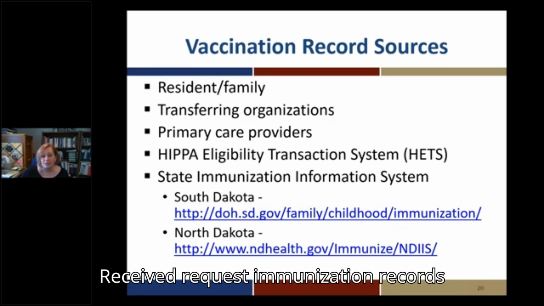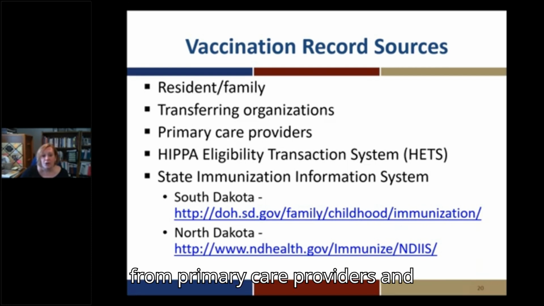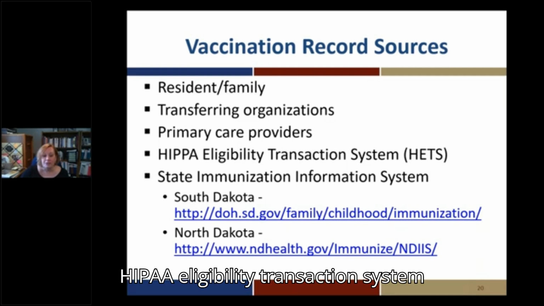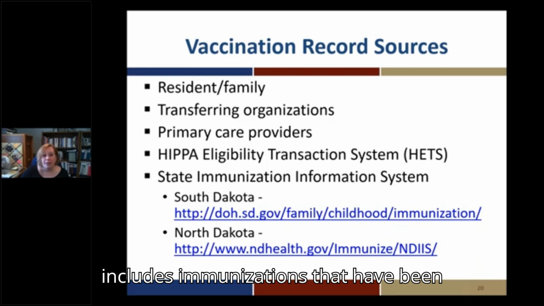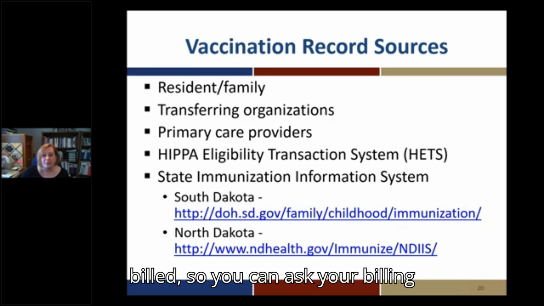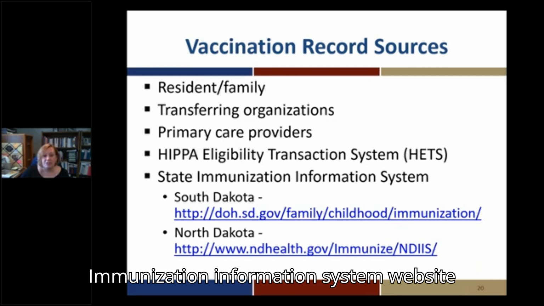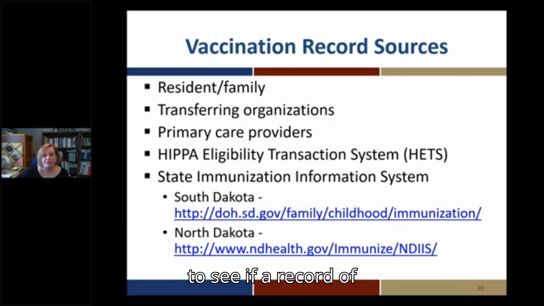Request immunization records from primary care providers and transfer facilities. The HIPAA eligibility transaction system includes immunizations that have been billed, so you can ask your billing department about this resource. And finally, check your state's immunization information system website to see if a record of immunizations is available.